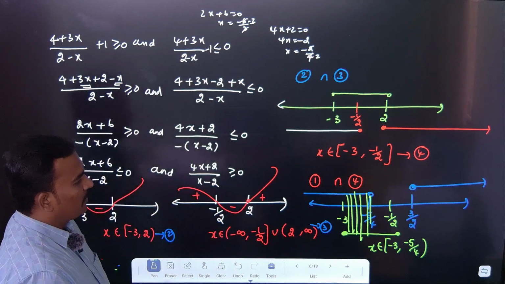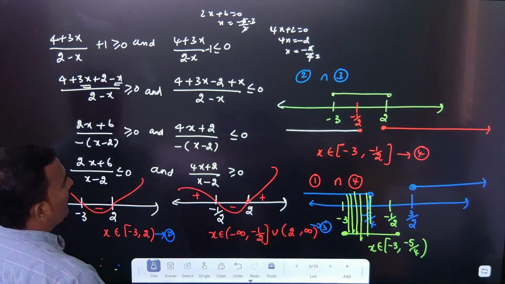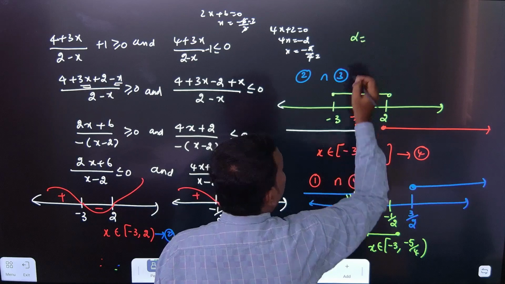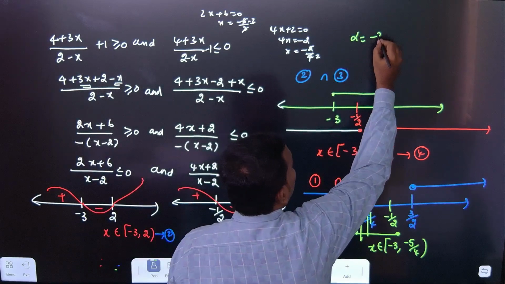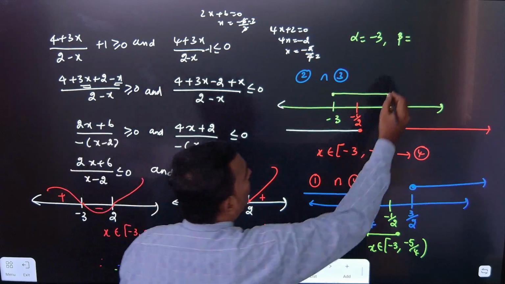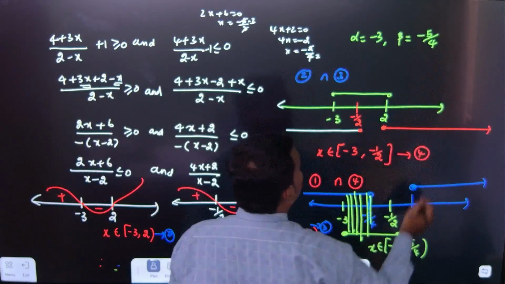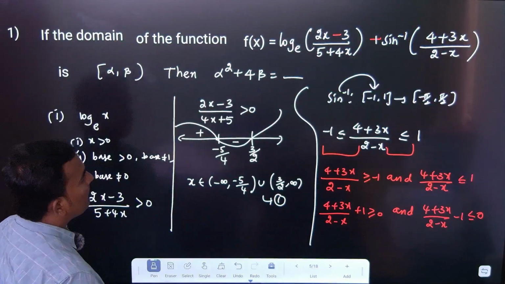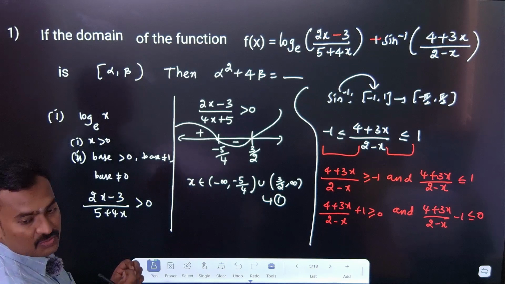Okay. So therefore here alpha is minus 3, and beta is minus 5 by 4. So what are they asking actually? Alpha square plus 4 times beta.